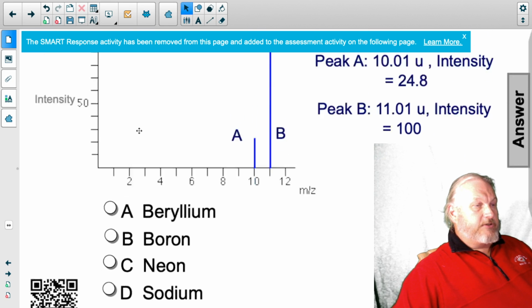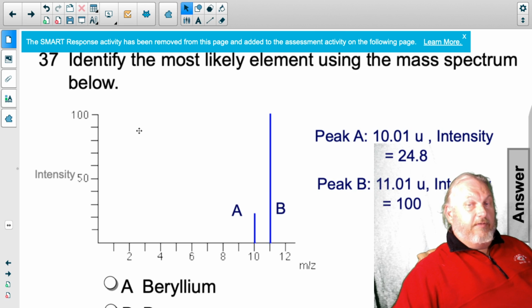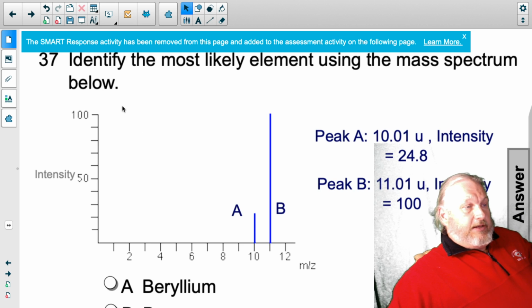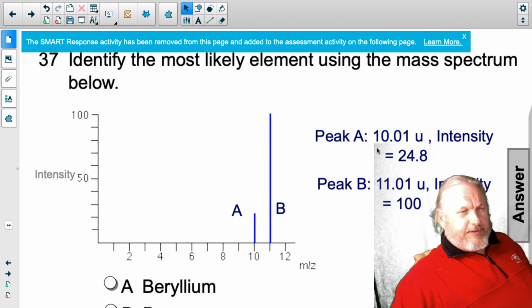We'll work this tomorrow, because this could very easily be a test question on the AP test. So I've got an element with two peaks. Peak A is 10.01 AMU with an intensity of 24.8.